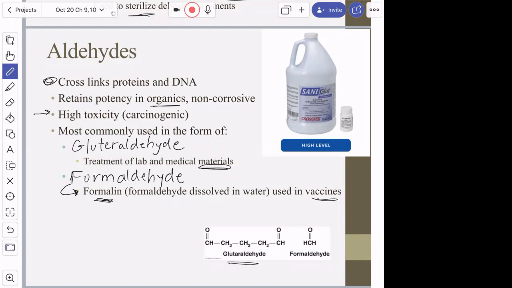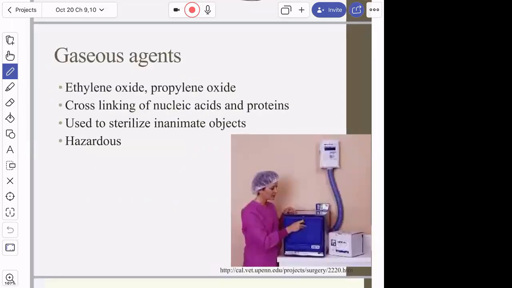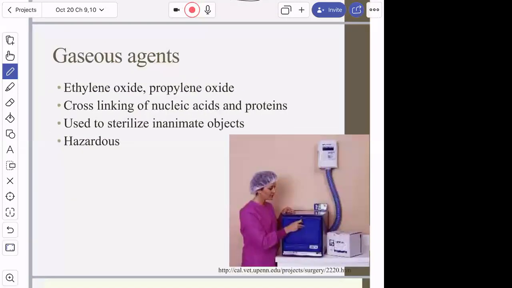Okay, one more chemical that I want to talk about, and that's just a few different gaseous agents like ethylene oxide or propylene oxide. Again, lots of cellular damage, going to cause some mutations, going to be acting on proteins as well. We would use a gas most often to sterilize some object.